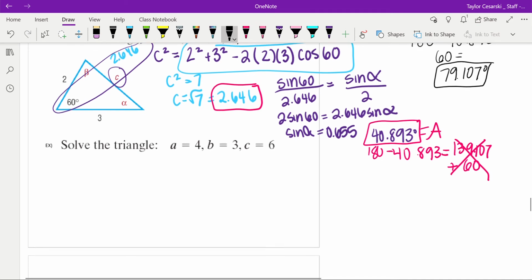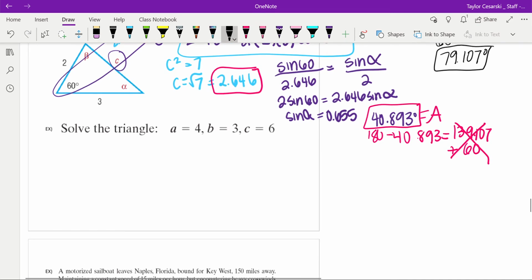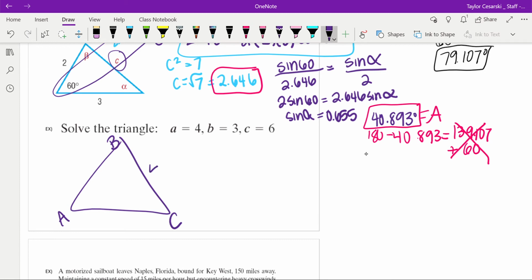Alright, cool. Next one. Alright, so this is one that has 3 sides. So A, B, and C. So 4, 3, and 6. Okay, so it's going to be set up very similarly. It doesn't matter which one you decide to start with.